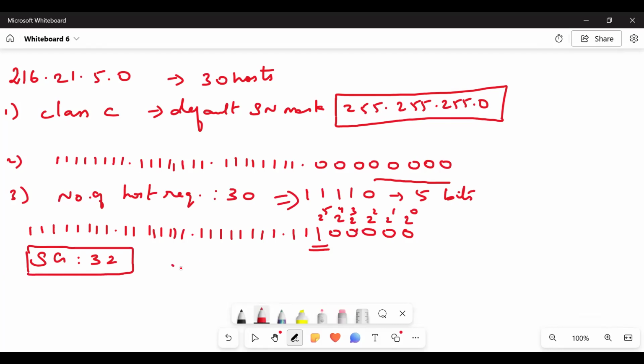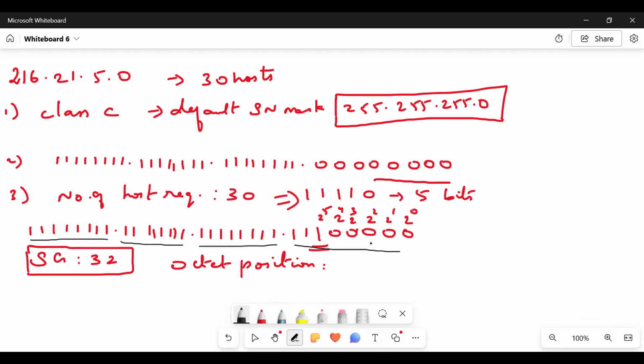Okay, now we need to find the octet position. So the octet position where you have encountered this subnet generator. This is one octet position, second octet position, third octet position, and this is fourth octet position.